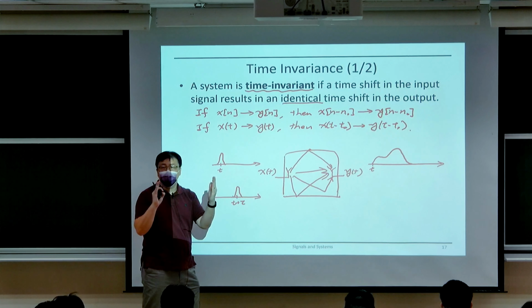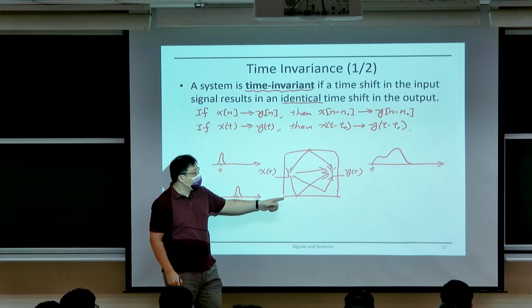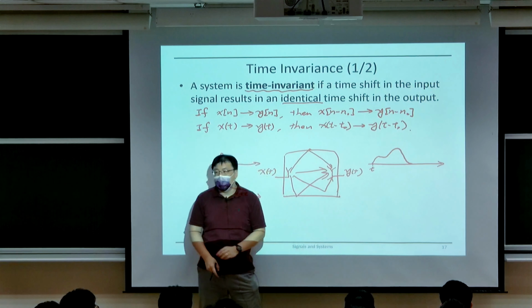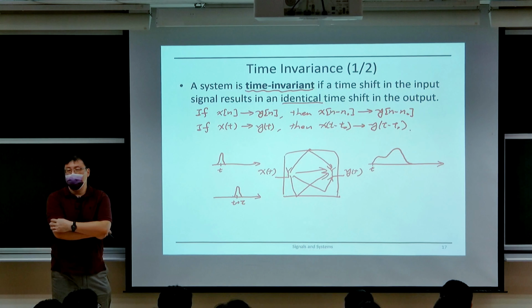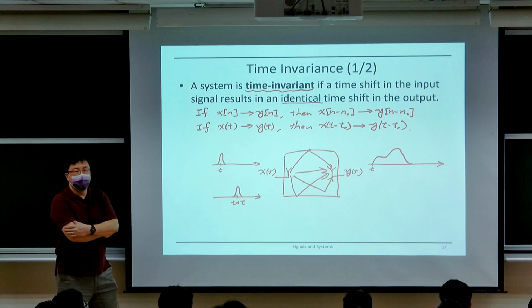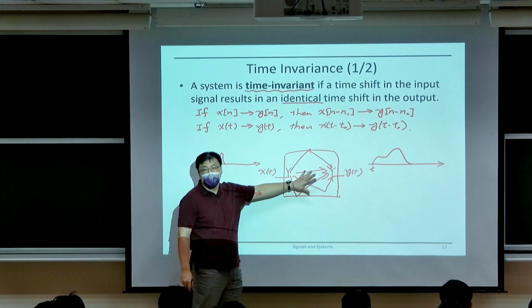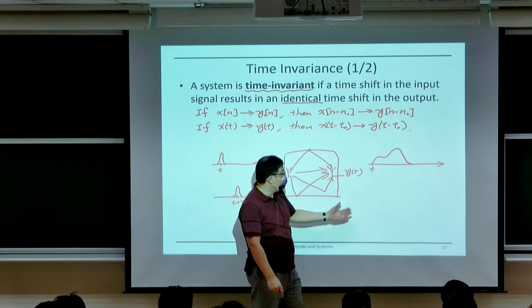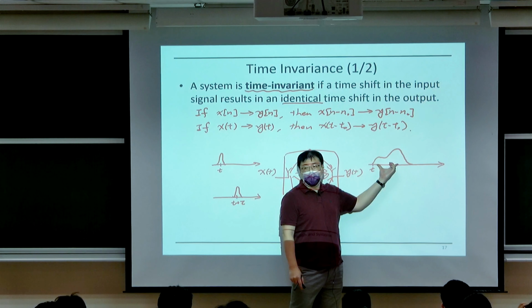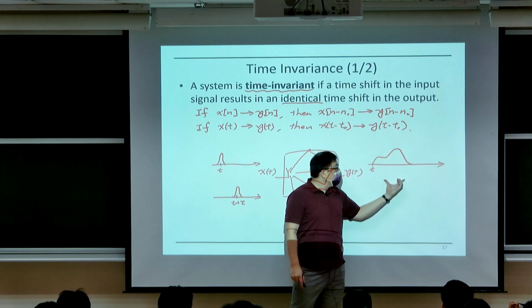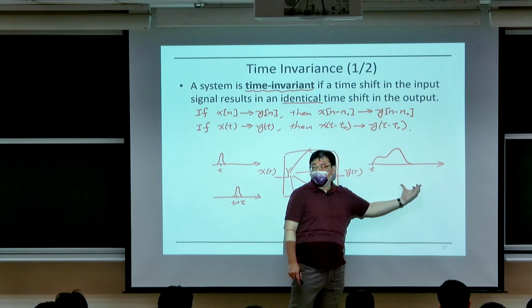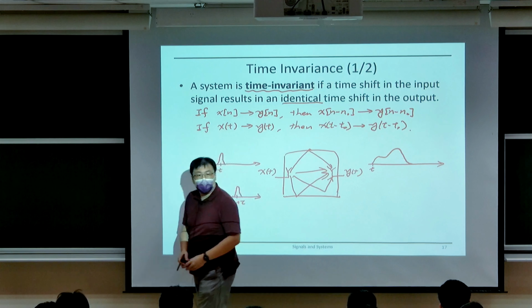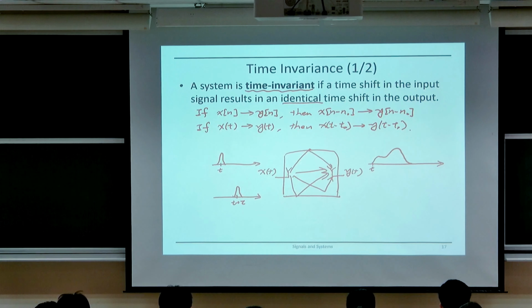Nothing changes inside. Then what would you expect at the output? So if nothing changes, then you would expect the same signal at the output, except that it occurs tau seconds later, right? Does that sound reasonable?